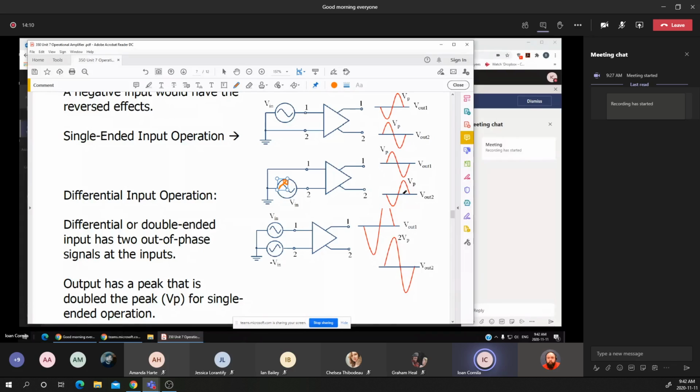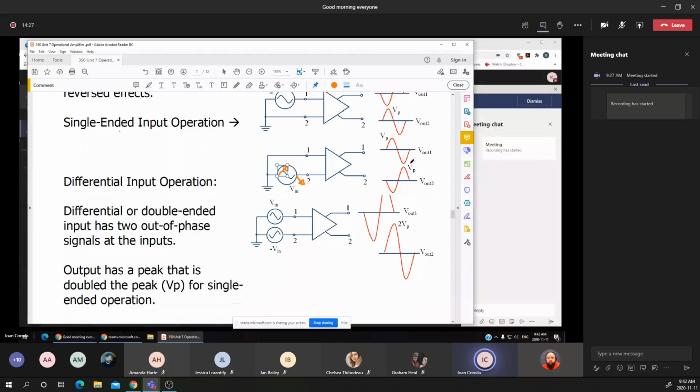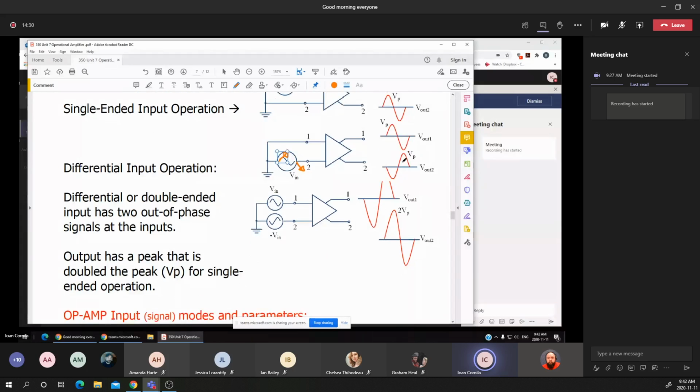In the same way, we can look at the negative side, when the voltage is lower than the ground level: the output 2 is increasing and the output 1 is decreasing, or it will have a negative value.